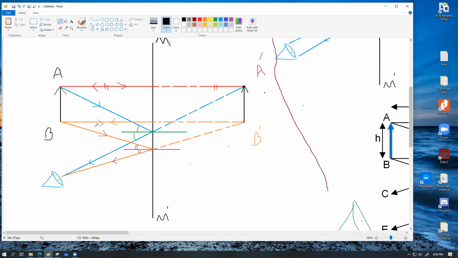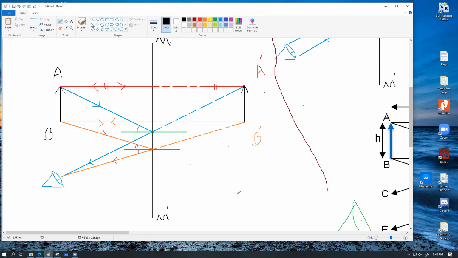You're using the other logic that the object and the image are supposed to cut the mirror at 90 degrees, and these two lengths are supposed to be equal. But you should, and you must, not should, you must represent these angles to convince the examiner, to make sense with him that you know what you're doing. This ensures full marks by all means, if that's the best way I can put this.